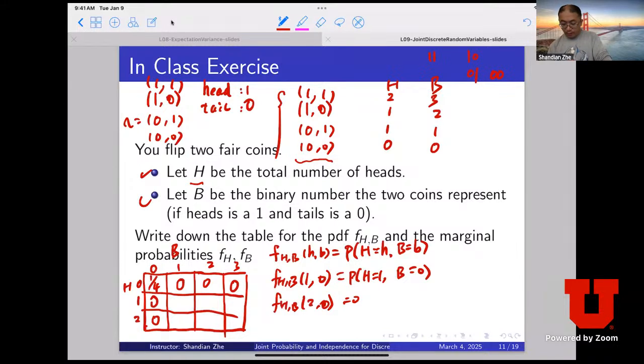Okay, so now first row and the first column are done. So for the remaining, let's just take a quick look. What about H is 1, B is 1? It's the probability that H takes 1, and meanwhile B takes 1. What set of outcomes are included in this joint event?